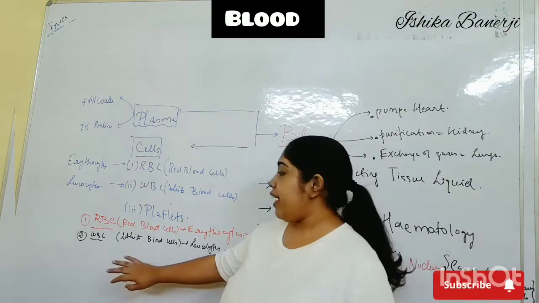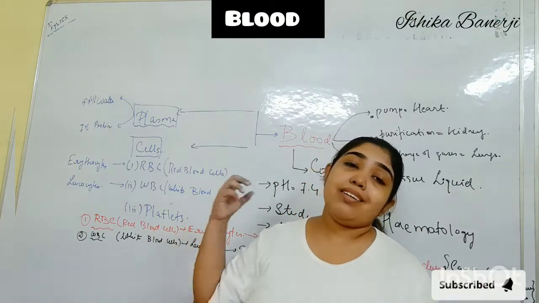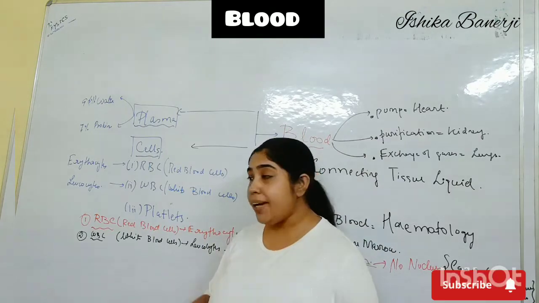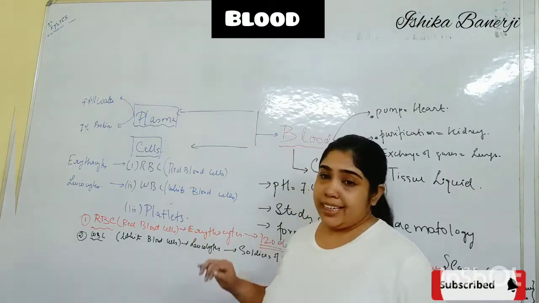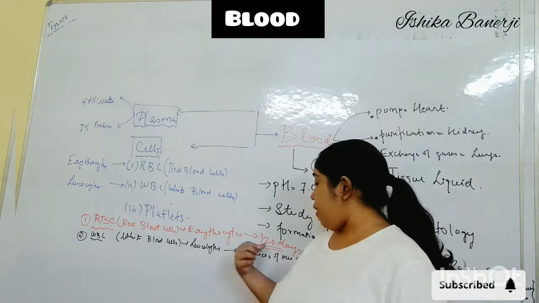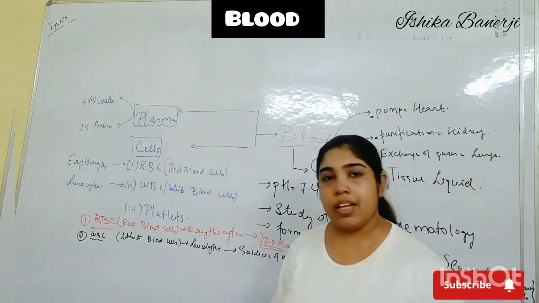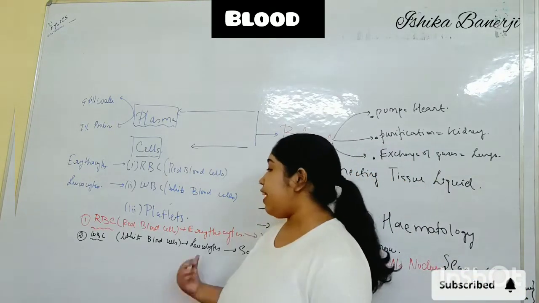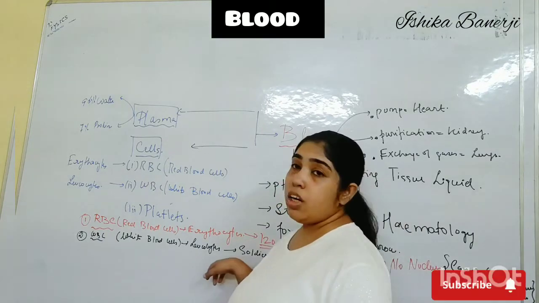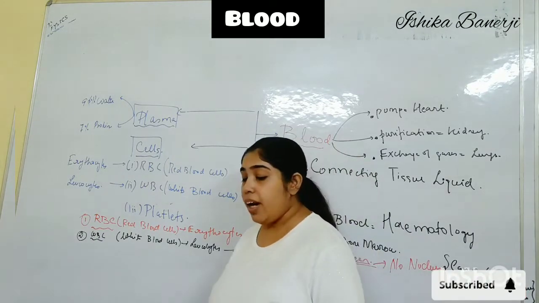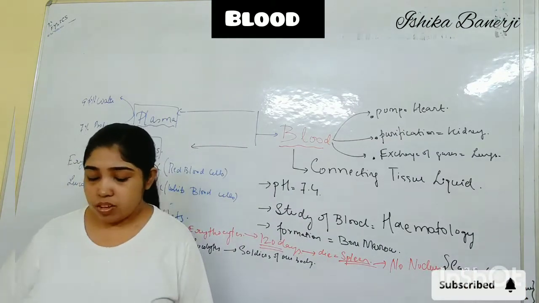In the same way, if any foreign particle like bacteria or viruses enters our body, these WBCs get activated and fight against them and protect our body. That is why a question can come: who are called the soldiers of our body? Your answer should be WBCs.